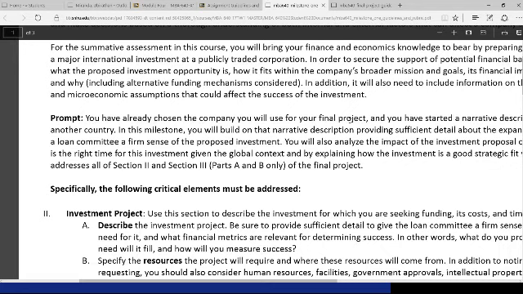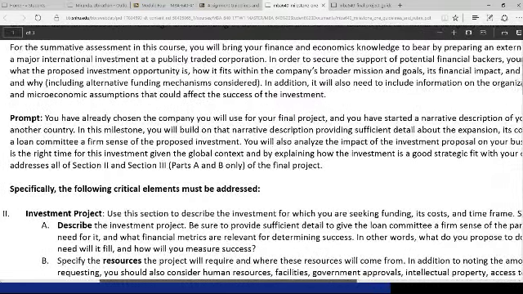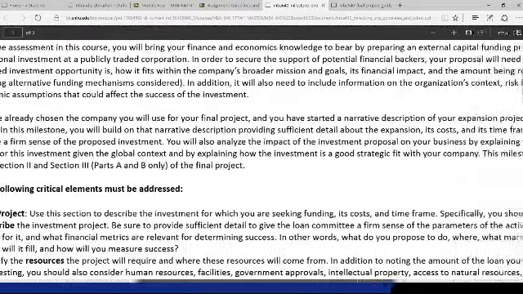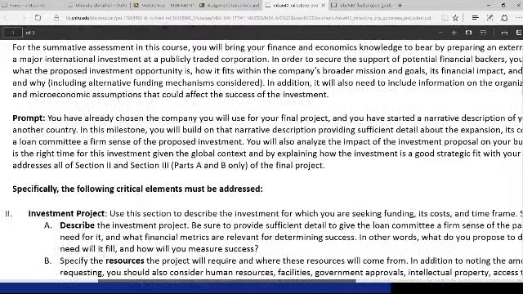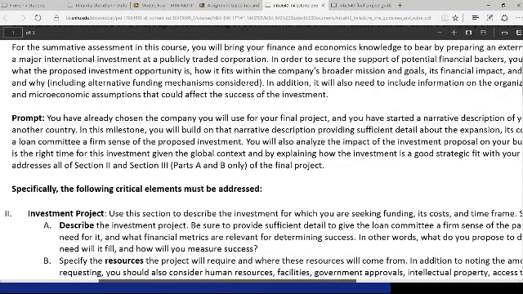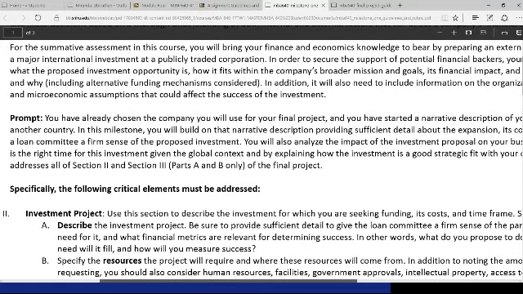So we're looking at the prompt right now. It says you have already chosen the company you will use for your final project, and you have started a narrative description of the expansion project into another country. This week I am going to grade the executive memo. This was that narrative that this is talking about.